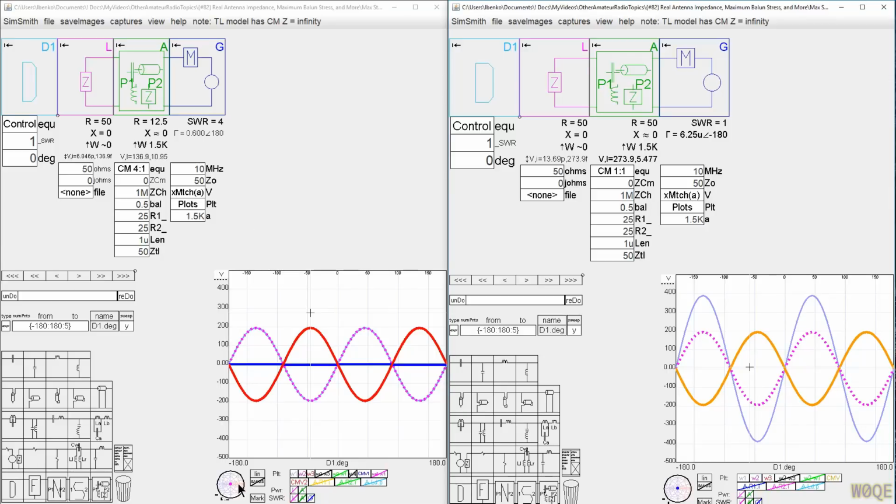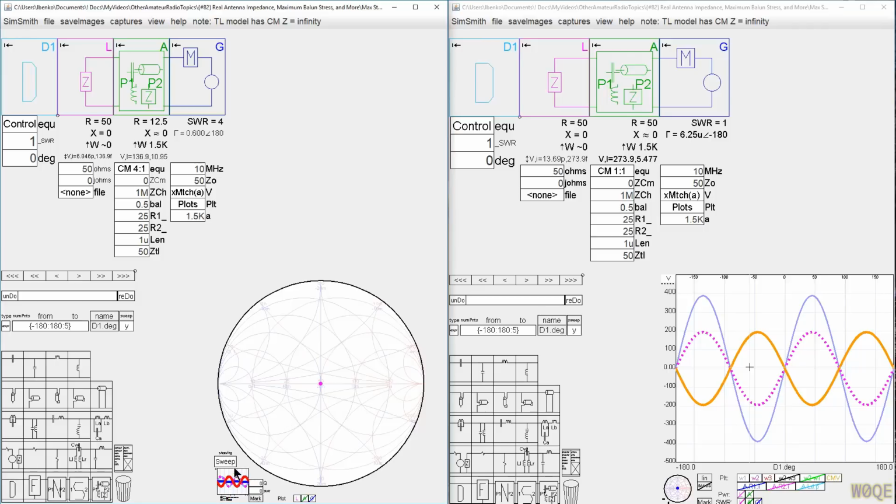If we look at this a little bit differently, let's change this circuit to be like a 3 to 1. We can see the impedance at the load side here is this typical circuit we'd see for 3 to 1. And then at the generator, the impedance is mapped over to this range.